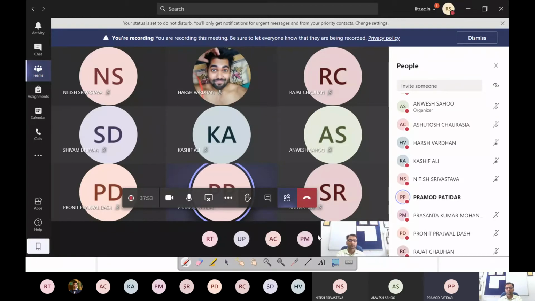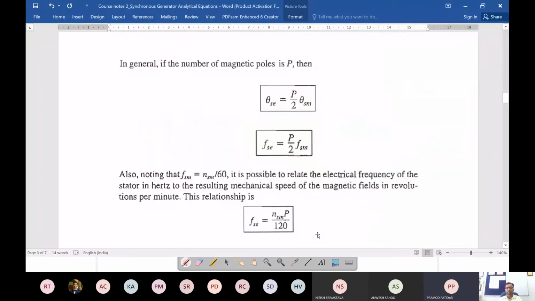So whenever we put the mechanical degree in that formula and apply the poles, do we always get electrical degree equal to 180 degrees? Sir, if we take mechanical degree as 90 and we have 4 poles, then when we put it in that formula, we get 180 degrees electrical. And if we change the poles, and the mechanical degree is also changed accordingly, then also we get electrical degree equal to 180.